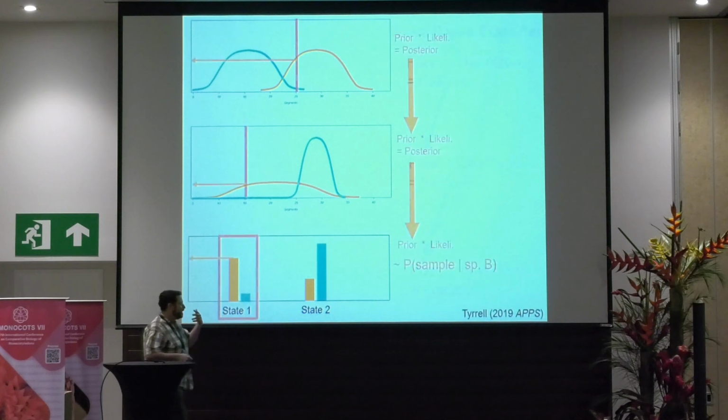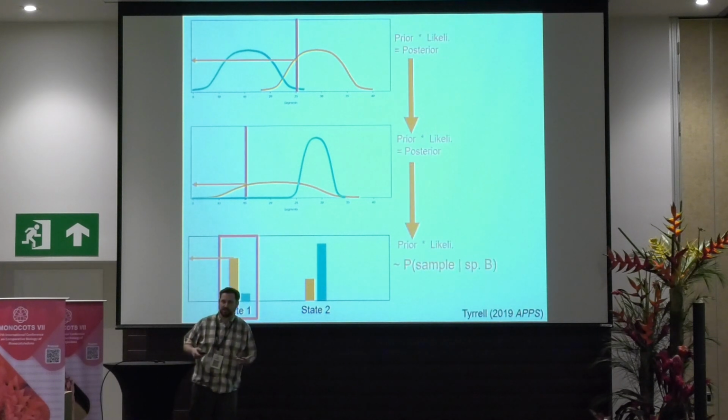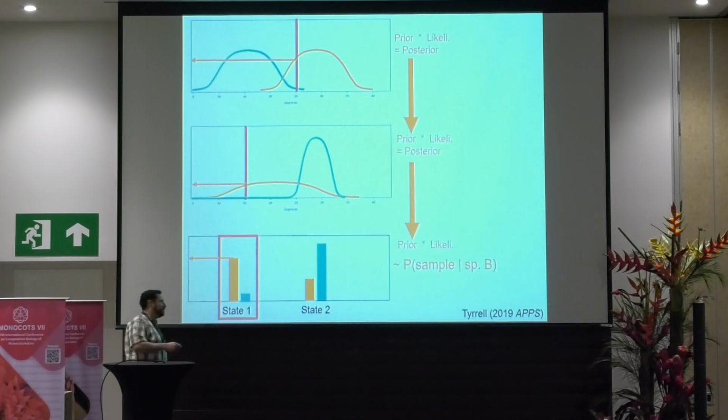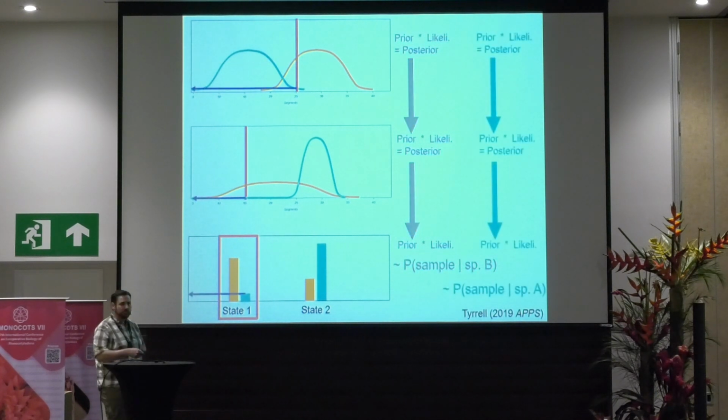And eventually, when you're done with all of the characters that you're going to use, what you're left with is a relative probability of your sample, your unknown taxon, given a species, the species that you've defined. And so we can do that for each one of the species that might be in our key and get those relative probabilities among all of the things that we're looking at. So that's the theory behind it.